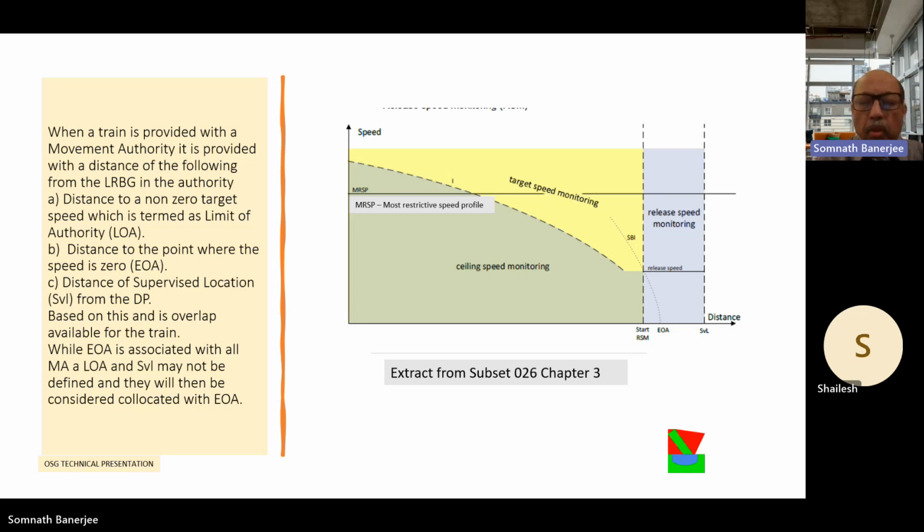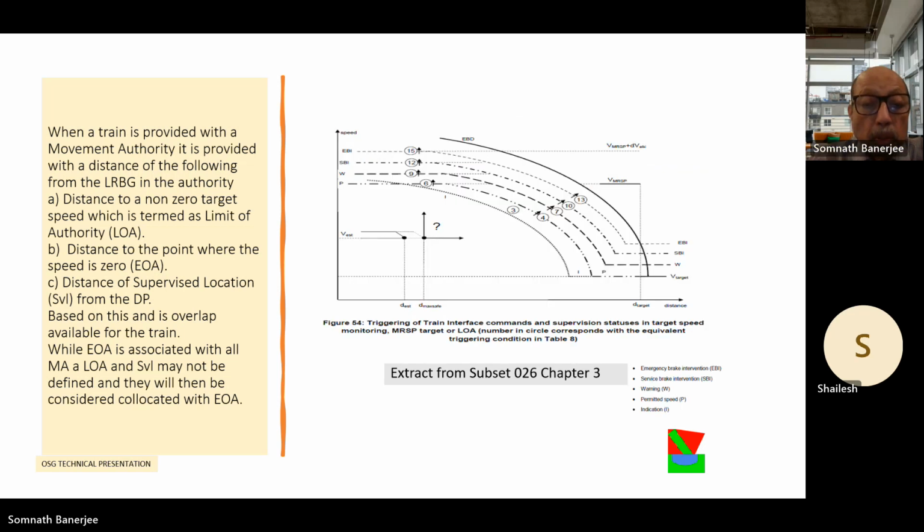It is actually impossible, and therefore if there is no overlap, the train will not be able to come very accurately to a stopping point, because the safety will not allow it to go that close to the danger point. Now, that is target monitoring.